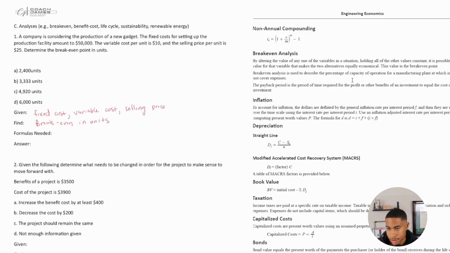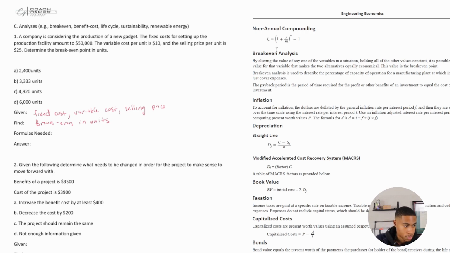Break-even analysis is used to describe the percentage of capacity of operation at which income will just cover expenses. So we want to find a point in units where we can at least sell enough units to break even.